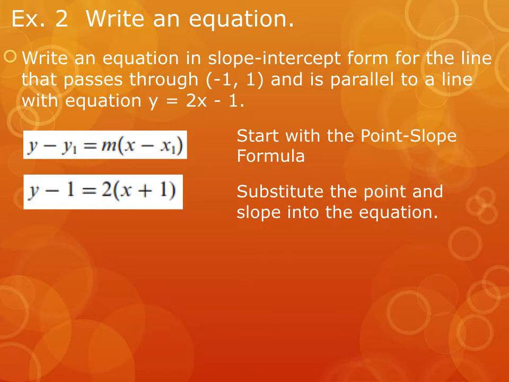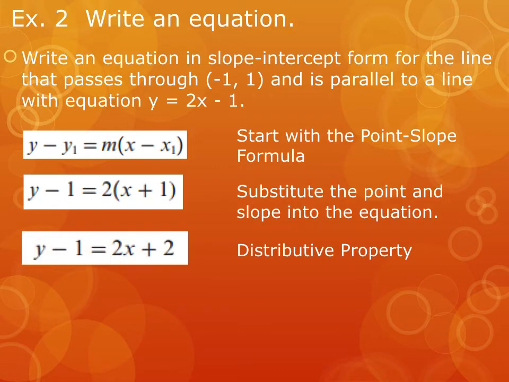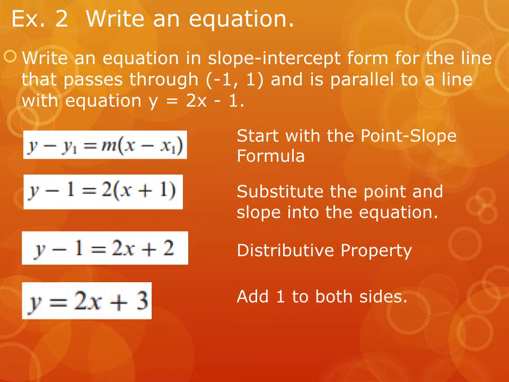And I'm using 2 because we're looking for a line that is parallel to the line y equals 2x minus 1. Now let's use the distributive property. Let's add 1 to both sides, and we will get y equals 2x plus 3.